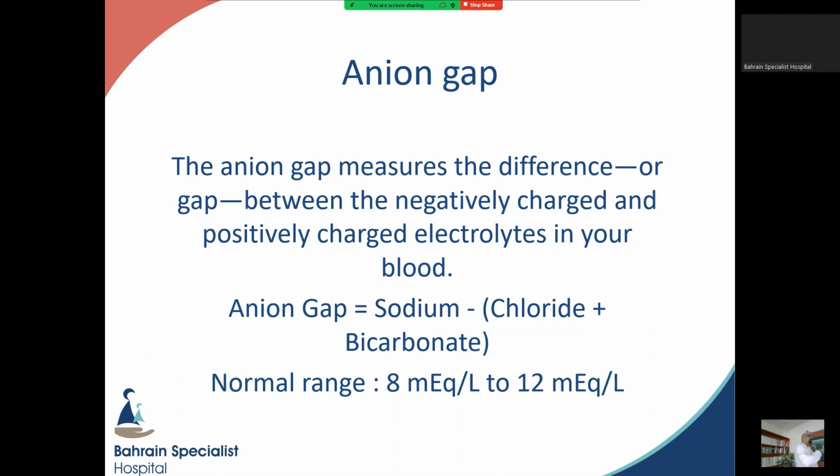How do we calculate it? The easiest way is sodium minus chloride plus bicarbonate. Sometimes we add sodium plus potassium minus chloride plus bicarbonate. The normal range is from 8 to 12 milliequivalents per liter.